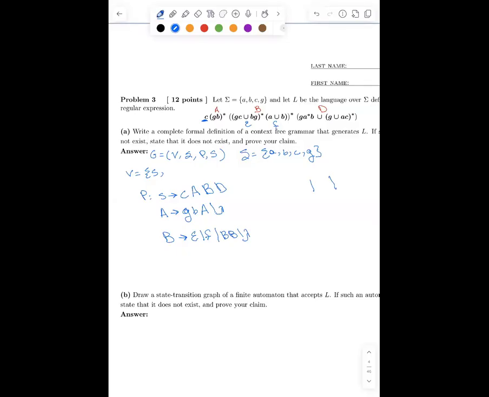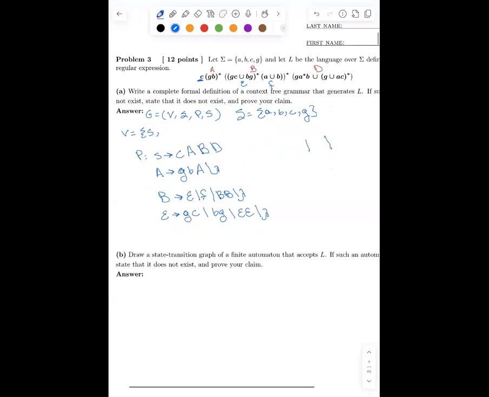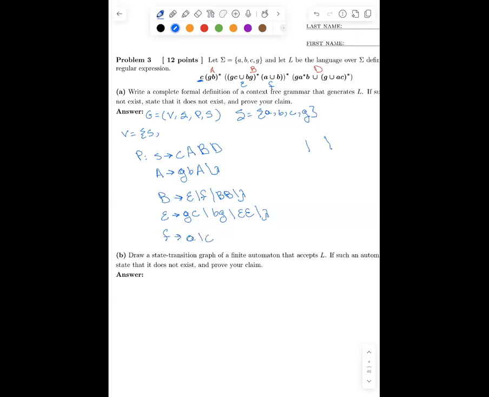The lambda means 0. And then I have my E, which can be G C or B G. And because again, it's 0 or more, I have the E and lambda. Then I have my F, which is A or C. And I'm done actually with the B part here.